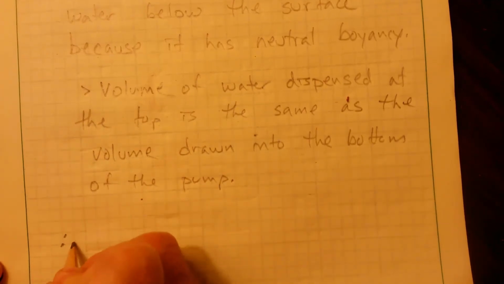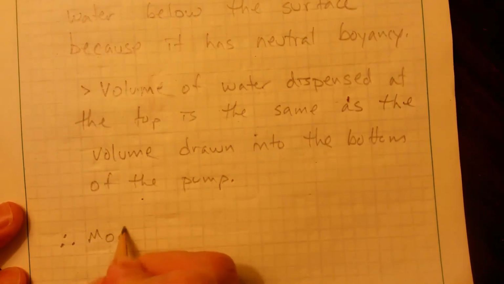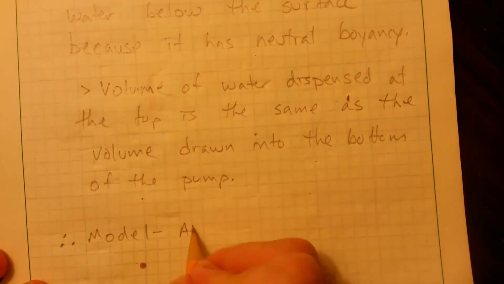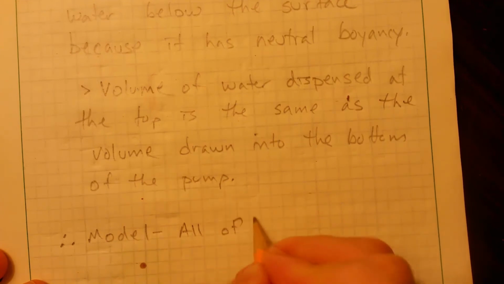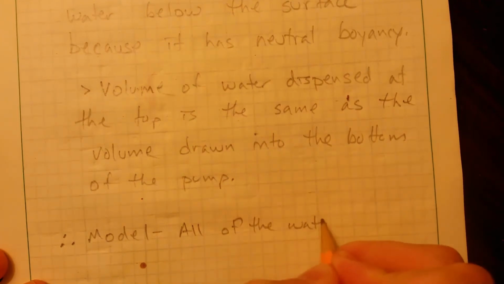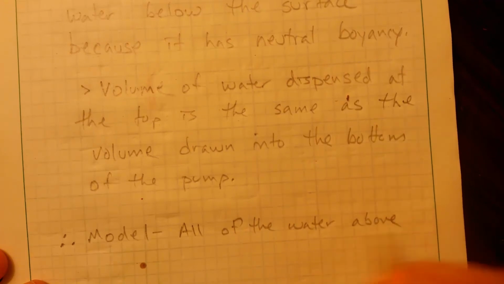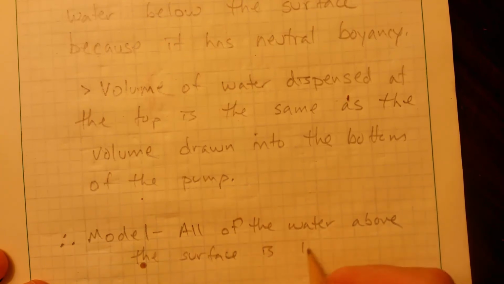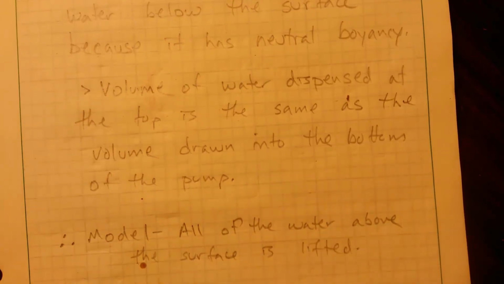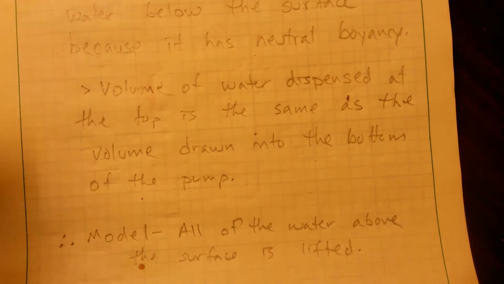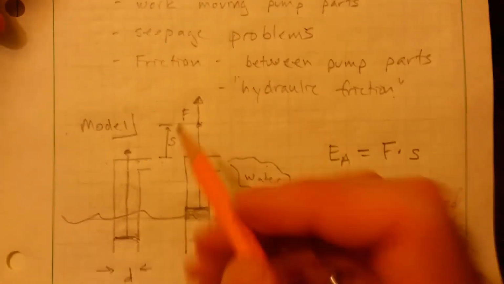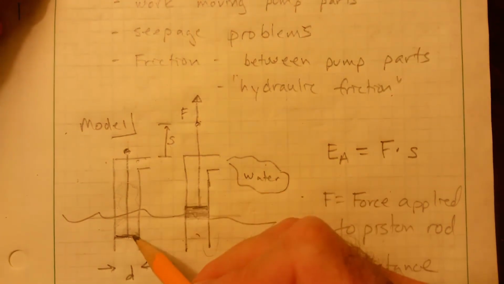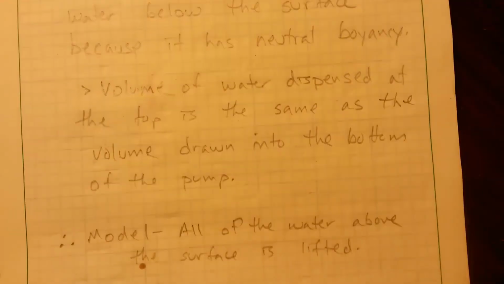So with these two concepts combined, our model is going to be that all of the water above the surface is lifted. And so that little bit of water that was dispensed is made up for by the amount of water that's sucked in.